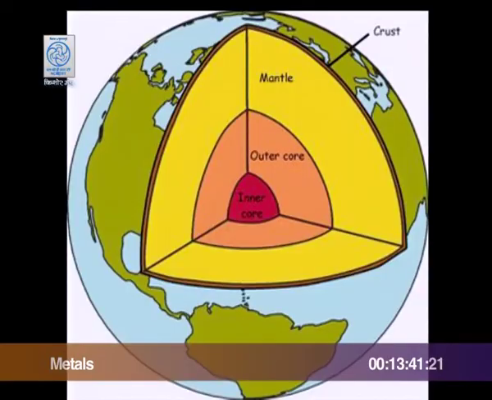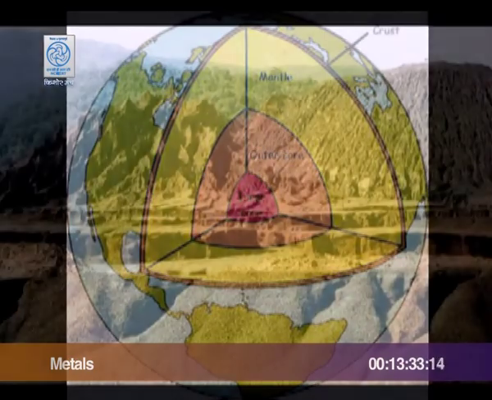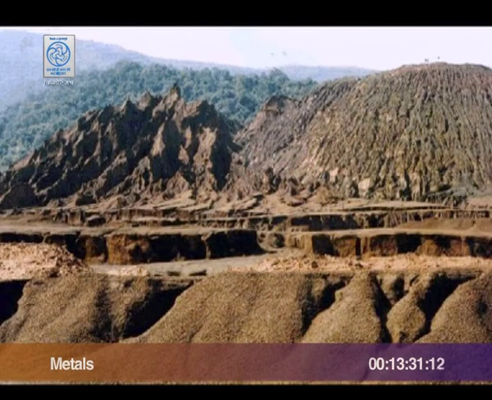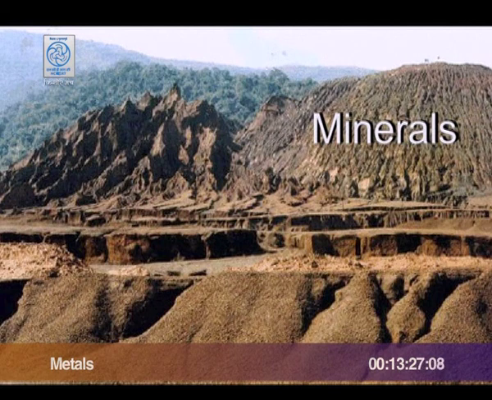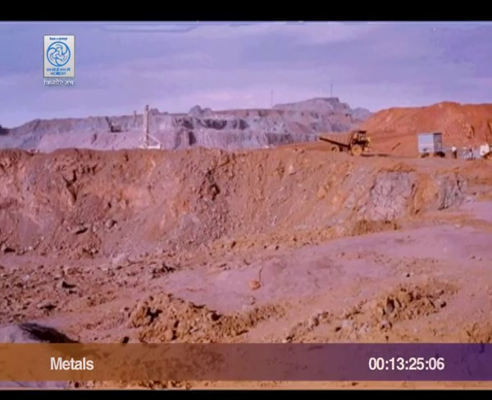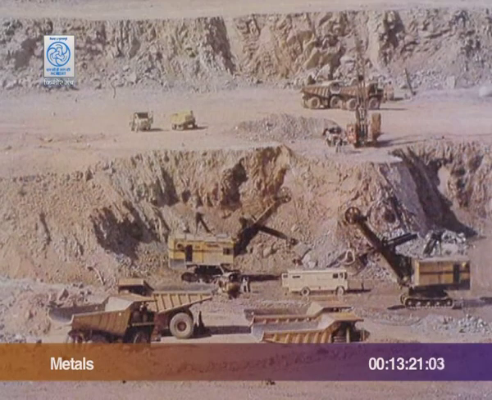And now the question arises, where do the metals come from? Metals are actually mined from the earth. They usually occur in the earth's crust. These rocky, sandy objects with metals are called minerals. Metals cannot be extracted profitably from all the minerals found in the earth's crust.